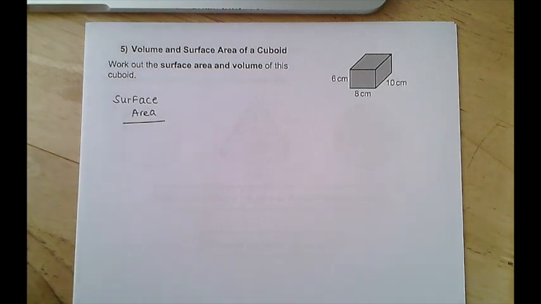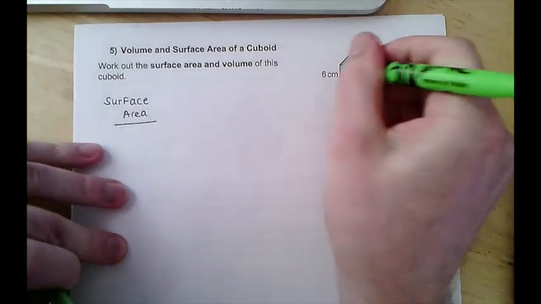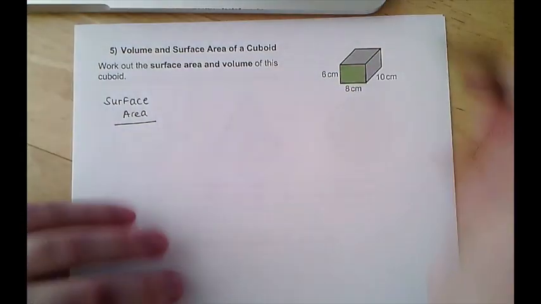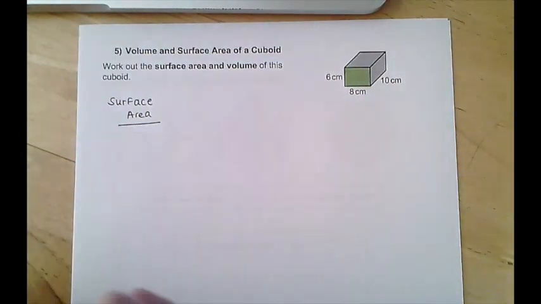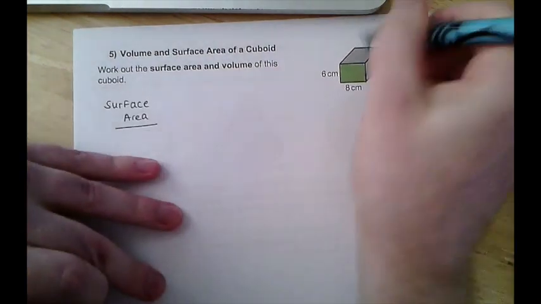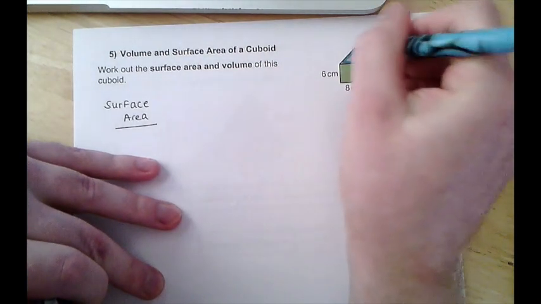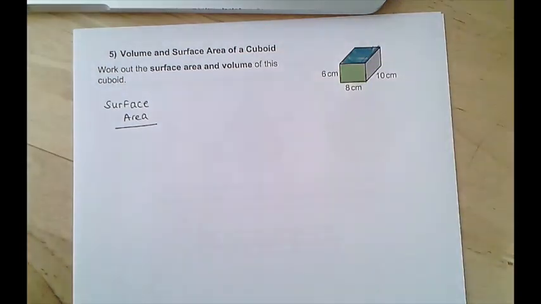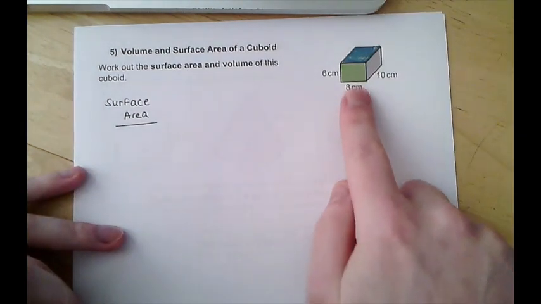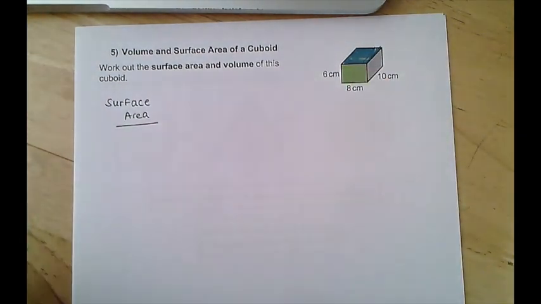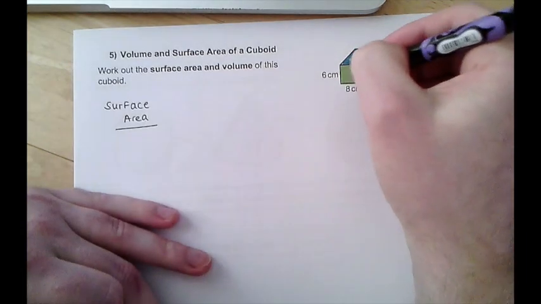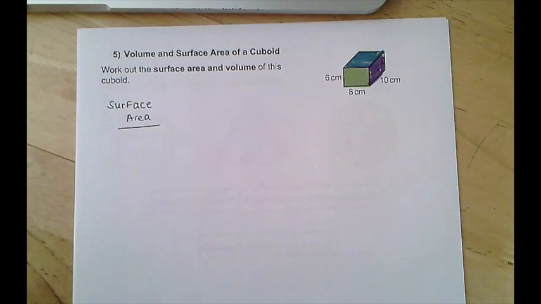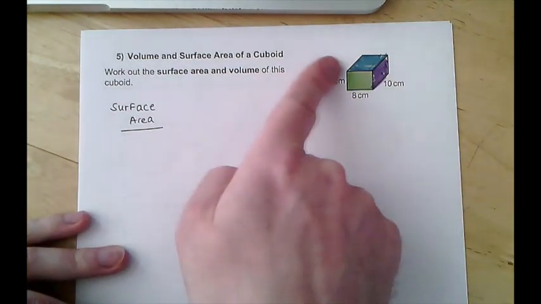What I mean by that is, for instance, this side here is exactly the same as the one at the back. The top is going to be exactly the same area as the bottom. And this right hand side is going to be identical in area to the left hand side that you can't see.